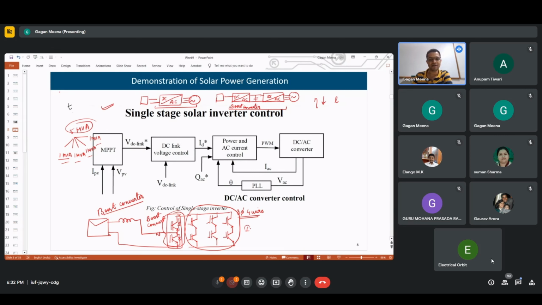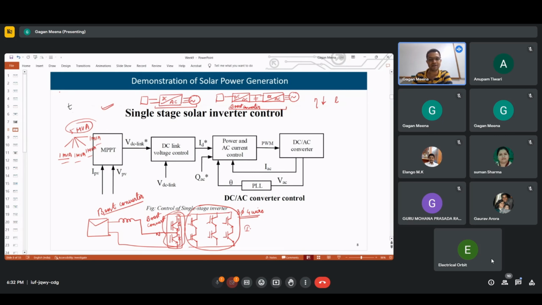Let's take questions now. Purpose of bleeder resistance connected across the snubber circuit is, actually this is the DC link capacitor. So can you tell the answer of this question?